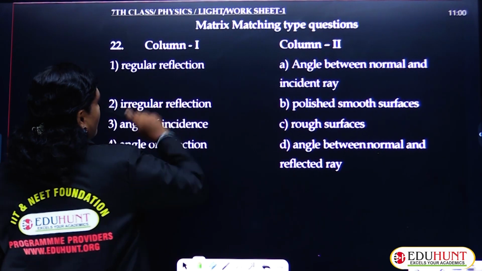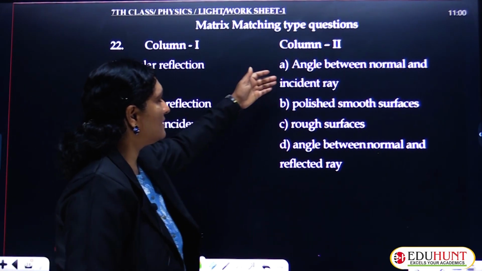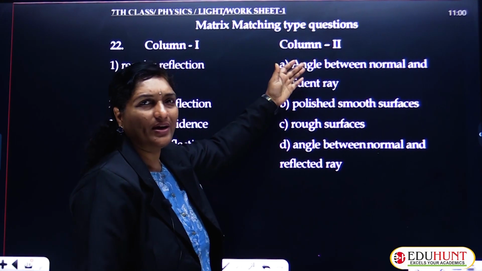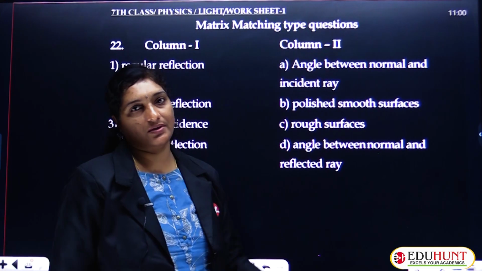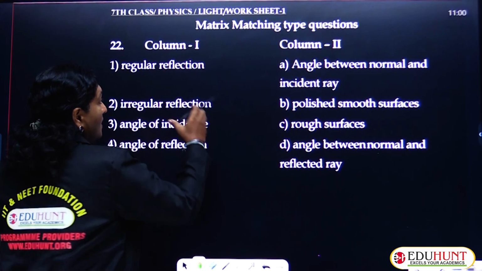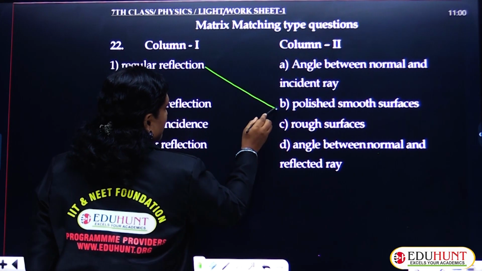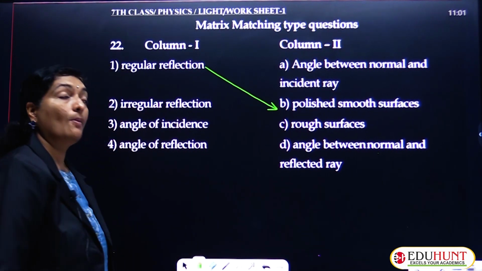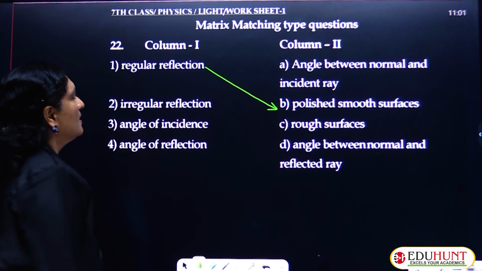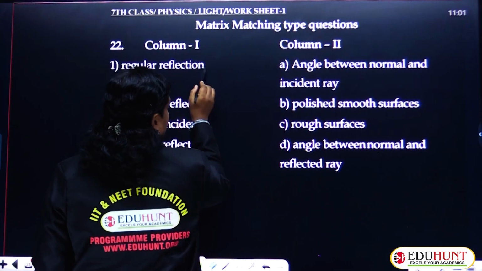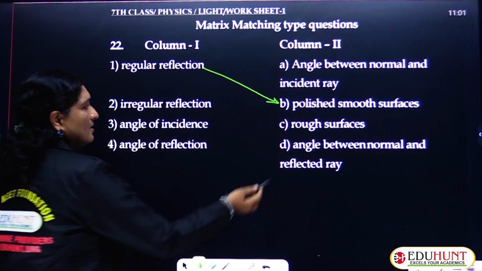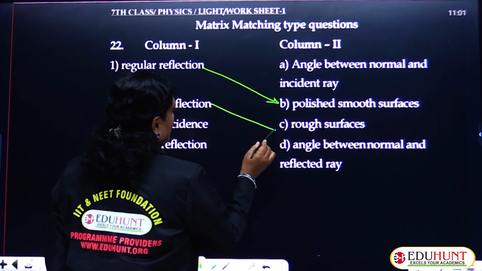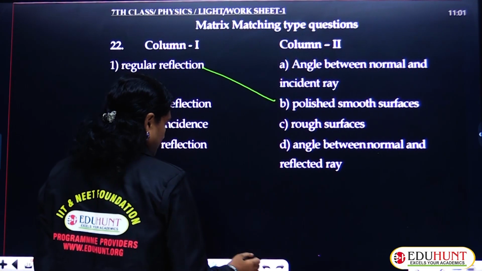Regular reflection is no way concerned with the angles. So polished and smooth surface. Here we go. Regular reflection generally takes place on polished and smooth surfaces, whereas irregular reflection takes place on rough surfaces. So for the second one, option C must be true.